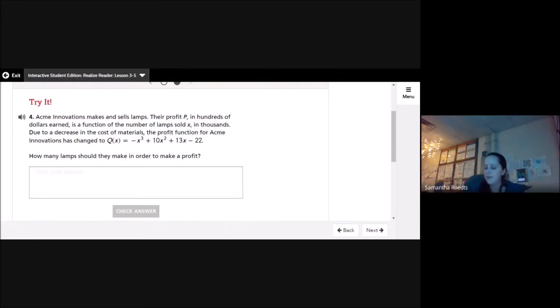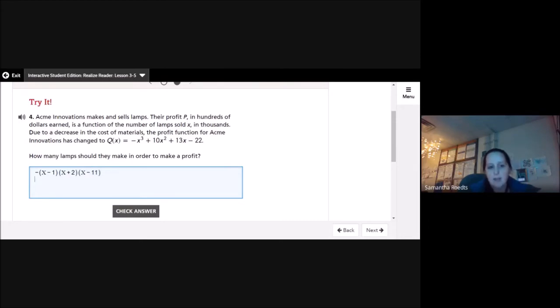So I have negative X cubed plus 10X squared plus 13X minus 22. All right, so when I factor this out, I get -1, X plus 2, and X minus 11.